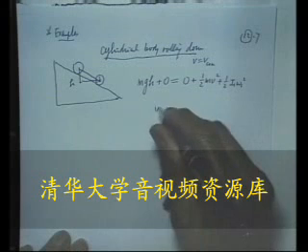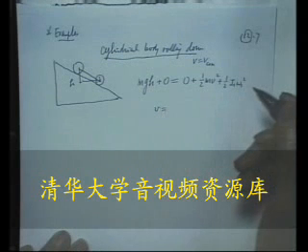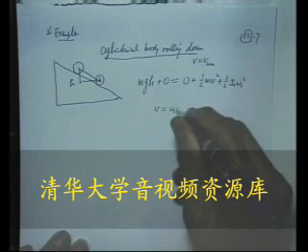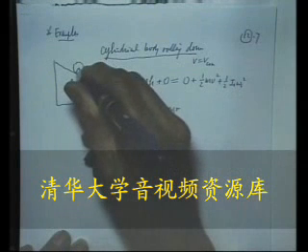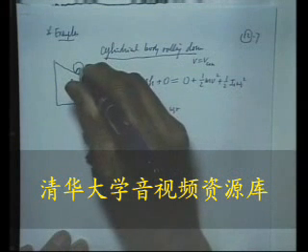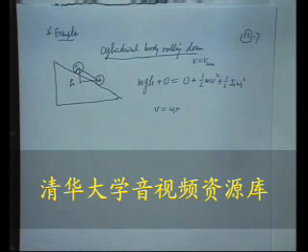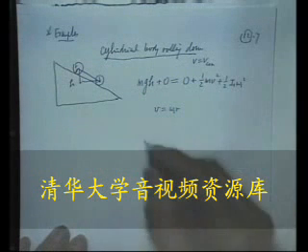But there's a relationship between the velocity and omega. Velocity is omega times the radius, called r. If it does not slip, then omega has to be equal to this.